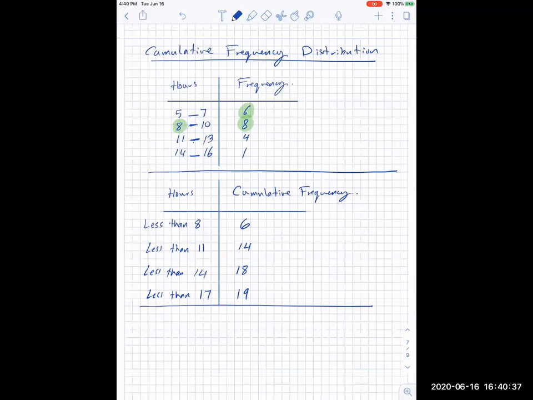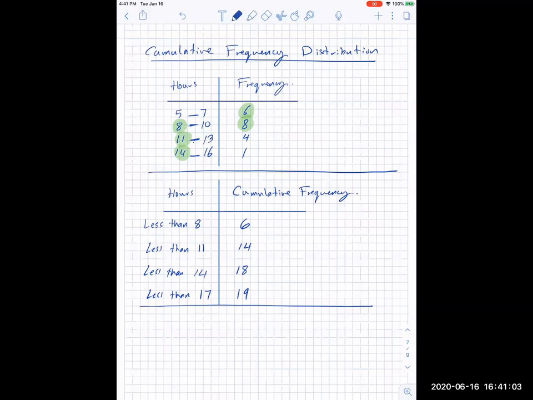A question from Sierra, why less than 17 and not 16? Because of the pattern that we're using. Look, we're starting with less than 8. What is the number after the 8 if I want to keep this pattern? 11. Next one, 14. And then what is the next number after 14?